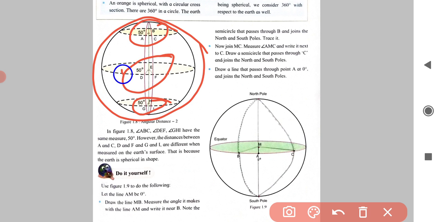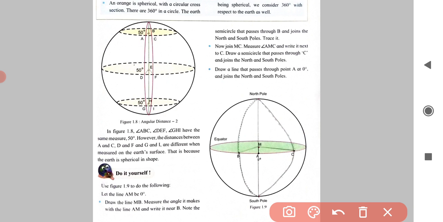See, here you can say 50 degree, 50 degree, 50 degree. This is the same. However, the distances between A and C, D and F, and G and I are different when measured on the earth's surface. This is because the earth is spherical in shape.